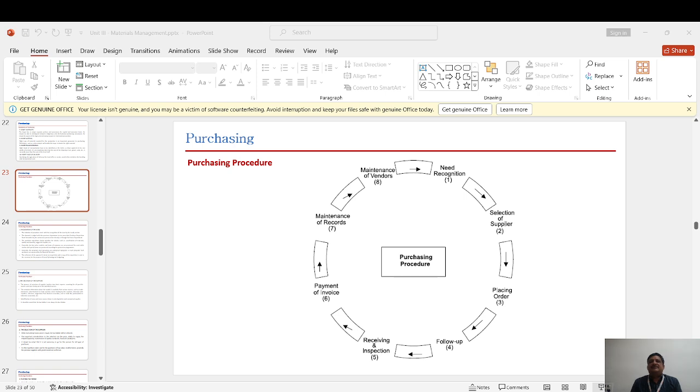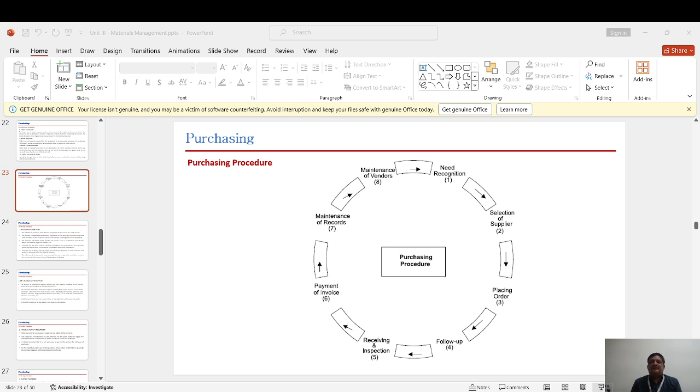The seventh step is the maintenance of the records. How much material we have received, we will maintain these records according to whatever we have. And the last step is maintenance of our vendors: developing the vendors, keeping good relations with the vendors, or developing new vendors.